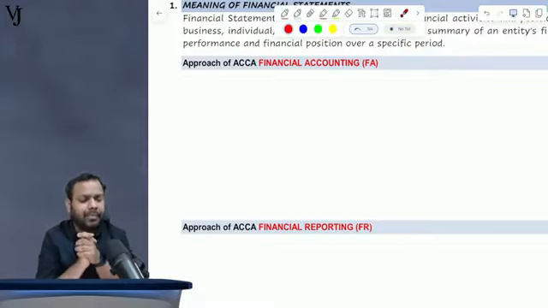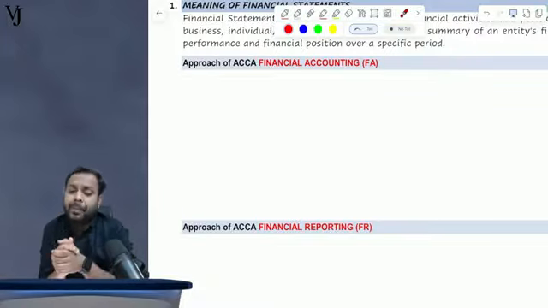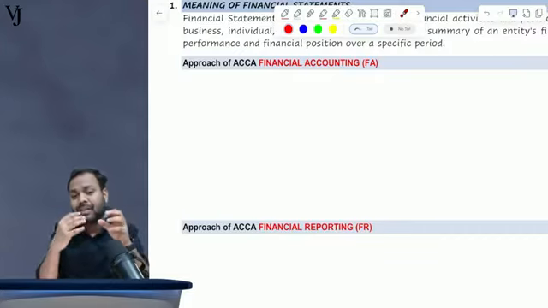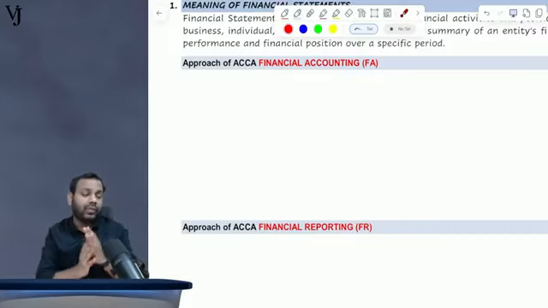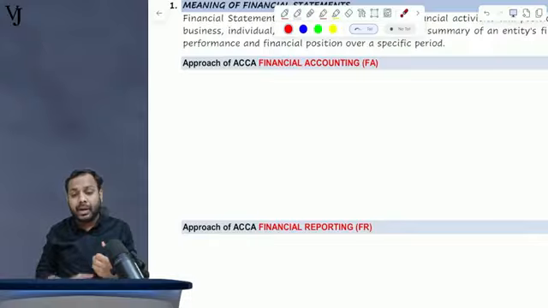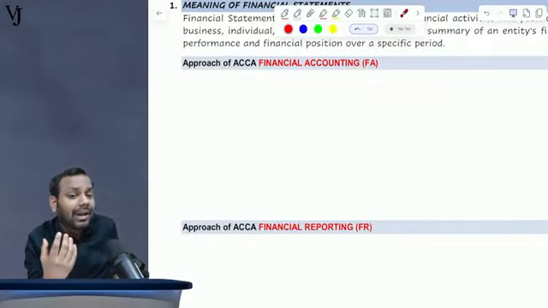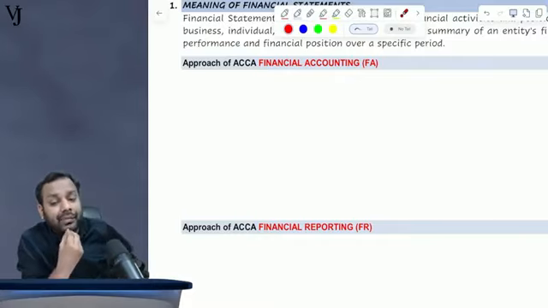Now understand, how is a financial statement prepared? Financial statements are prepared using the International Accounting Standards and IFRS.